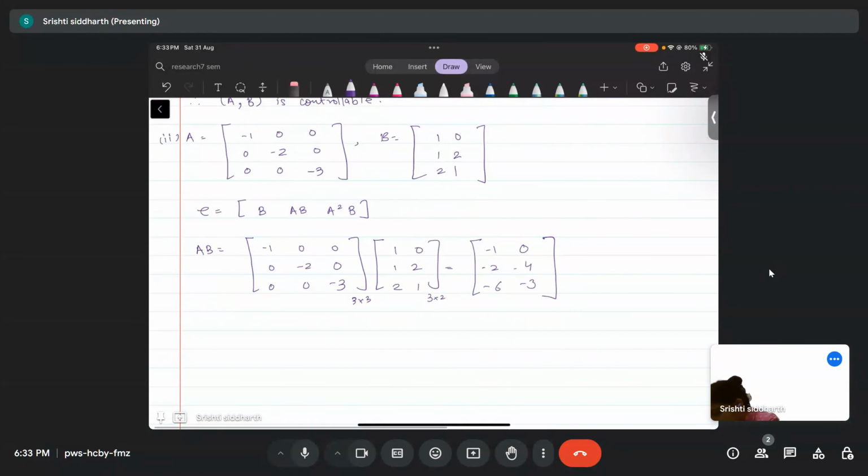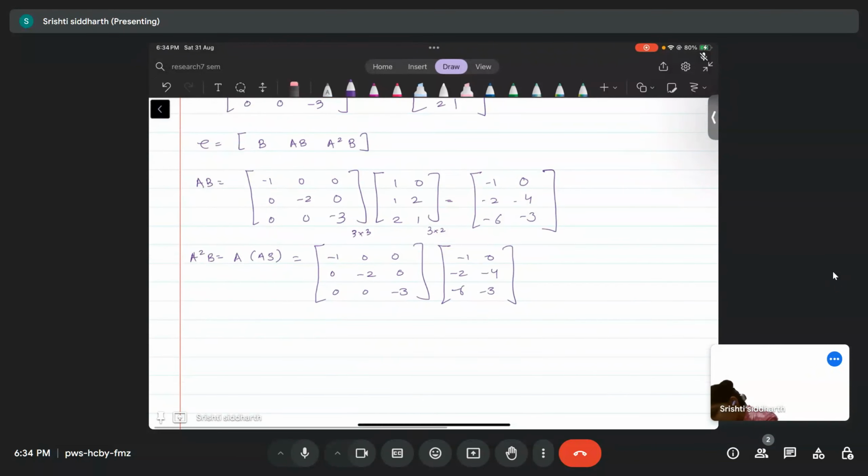Then we have A squared B, which is A times AB. So let's calculate. Okay, so this becomes 1 and zeros everywhere else. Then we have 4 and 8, 18 and we have 9.